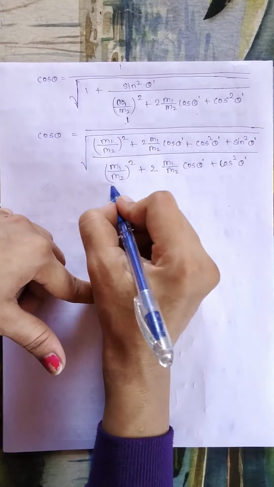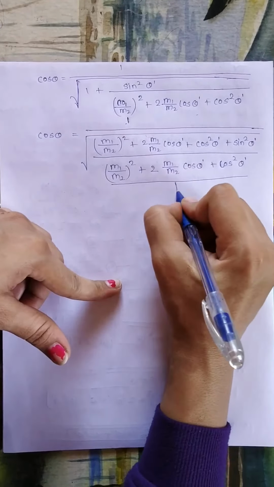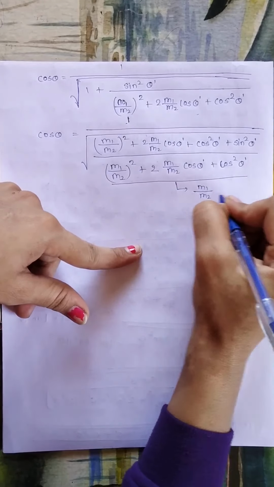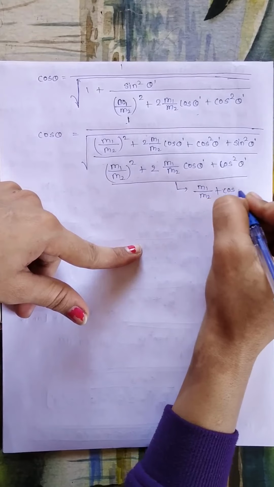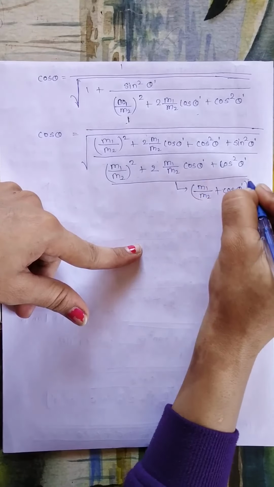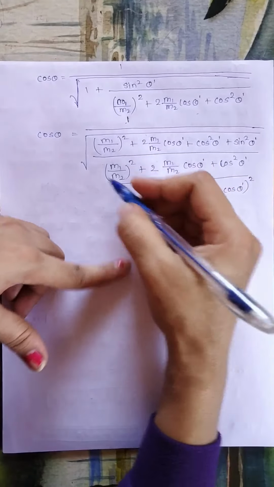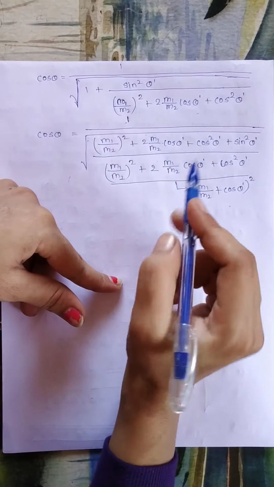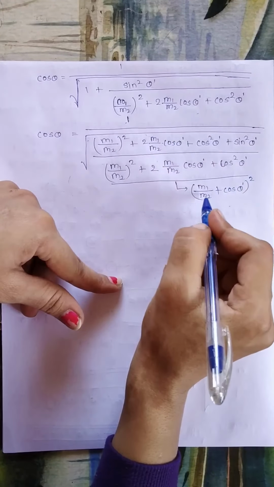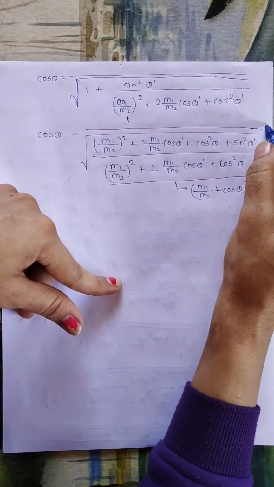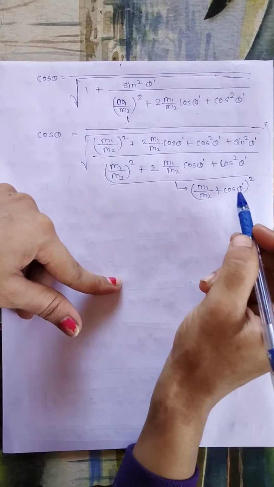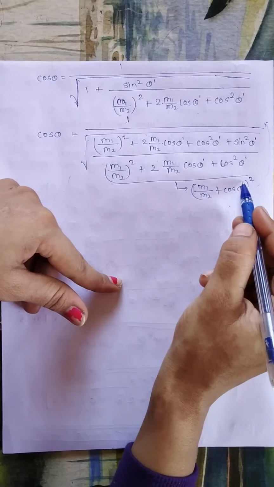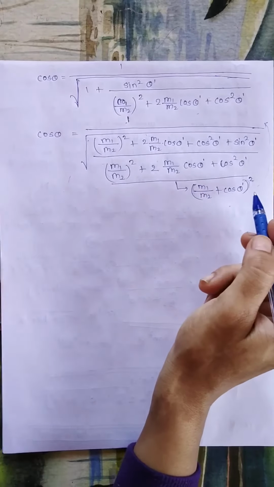Now if you observe this term, this was the square of (m1 upon m2 plus cos theta dash), which is again inside the root, and it is the reciprocal of this, means I can write this term on the numerator, under the root into this, the square will get cancelled and only this term will remain.